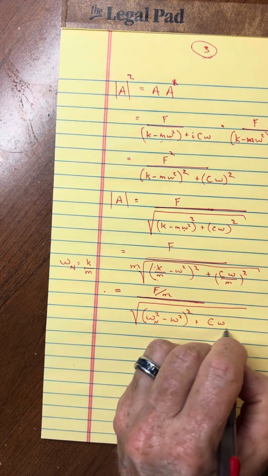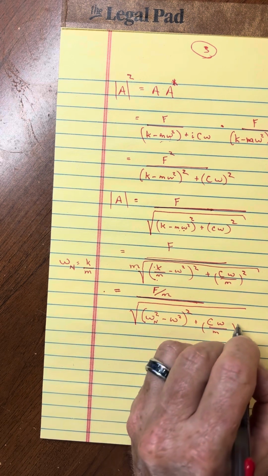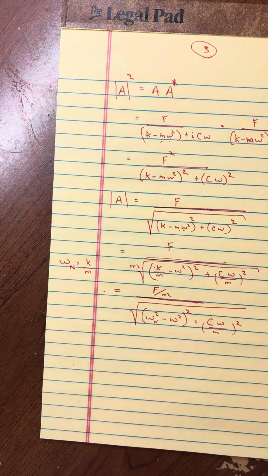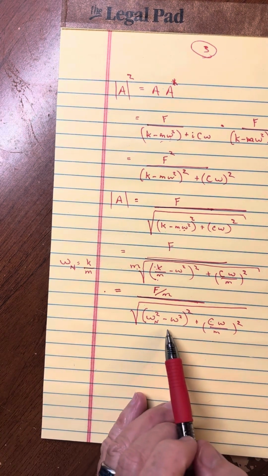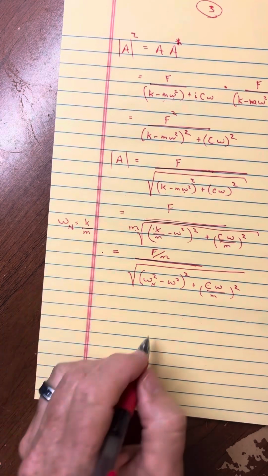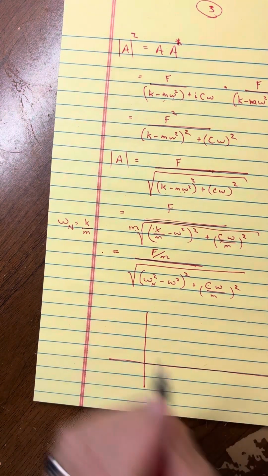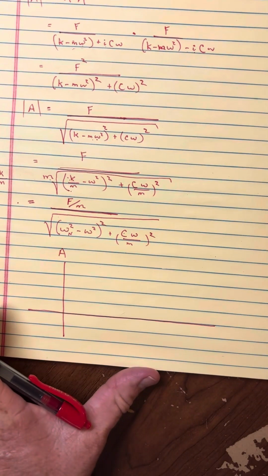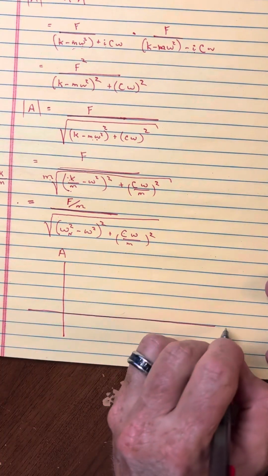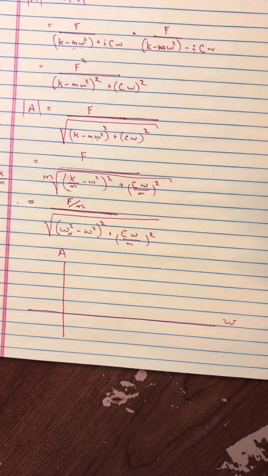And this is a really nice way of writing the amplitude, because you can begin to see that what amplitude you get would depend on what frequency you're driving it at.